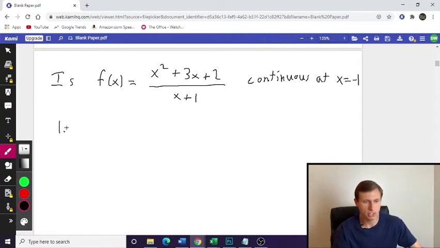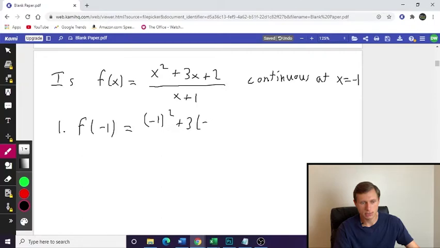And the first thing we need to do is ask ourselves, does the point f of -1 exist? And the way we prove that is by literally plugging in -1 everywhere and seeing if we get a value at the output. So we get -1 squared plus 3 times -1 plus 2 in the numerator. And in the denominator, we get -1 plus 1.